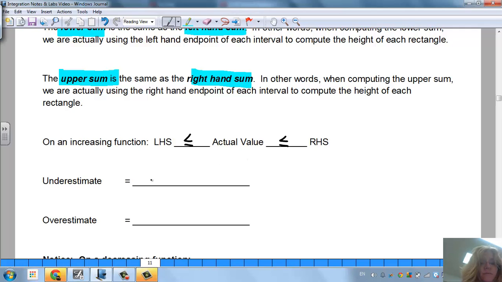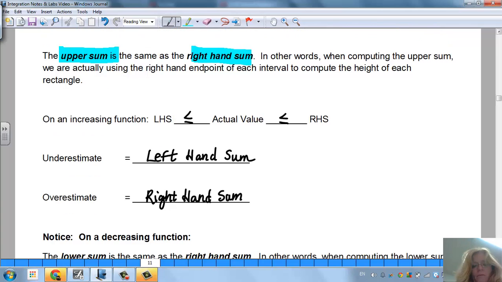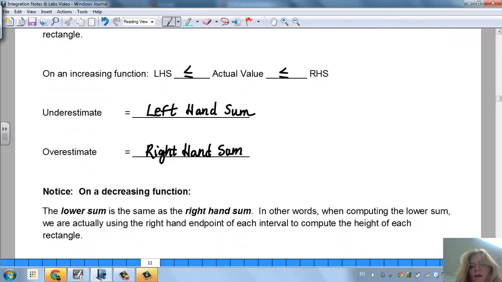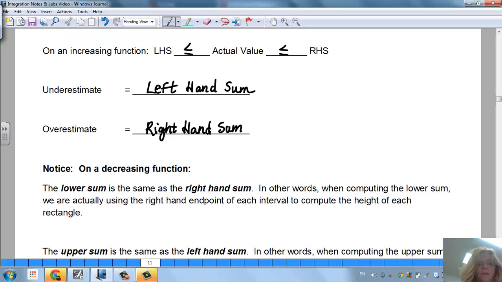So the underestimate is our left-hand sum, and our overestimate is our right-hand sum. Notice on a decreasing function, the lower sum is actually the right-hand sum, because it's a decreasing function.